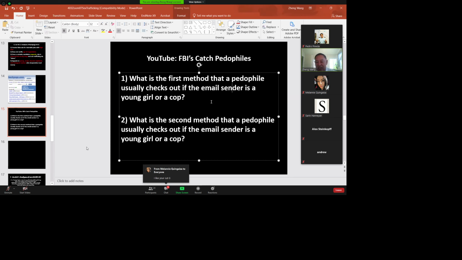Also, the movie mentioned a second method to check for a cop or young girl. What's the second way? It's deeper. The first one, they use slang language. The second one, they ask what you look like. They ask what your age is and what you wear.